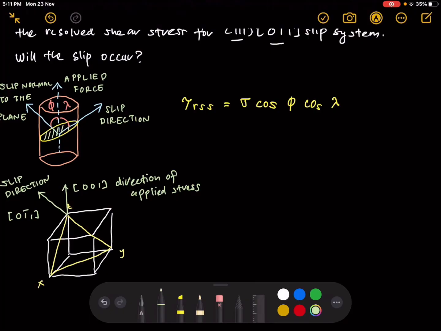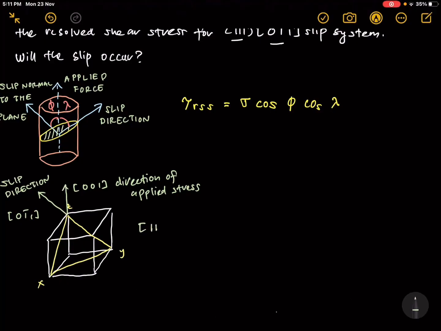And then we need to find the slip normal to the plane. Our plane here is a (111) plane, so the slip normal to the plane will be at the [111] direction. So this is our slip normal to the plane.